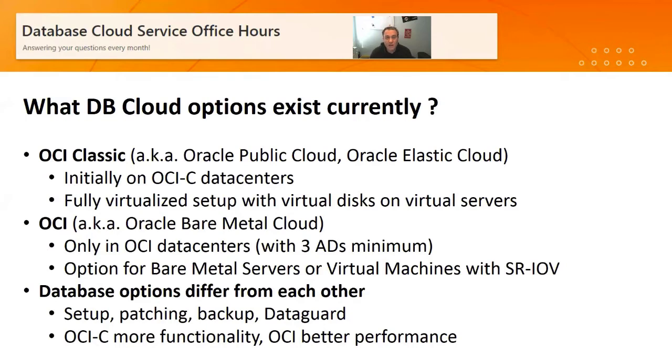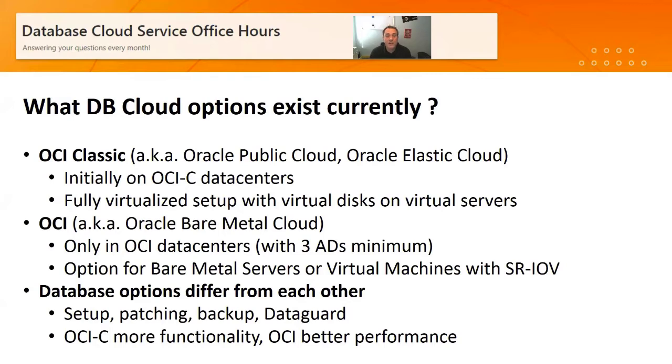But not all features are available on the Bare Metal Cloud compared to the Oracle OCI Classic interface. Some people prefer the OCI Classic interface, especially, for example, if you want to create a Java as a service connected to a database as a service. You could only do that on OCI Classic.